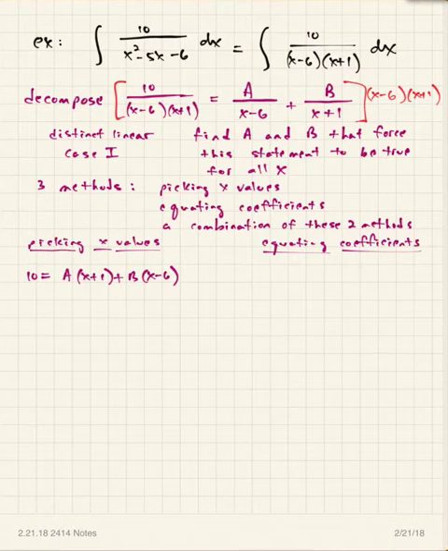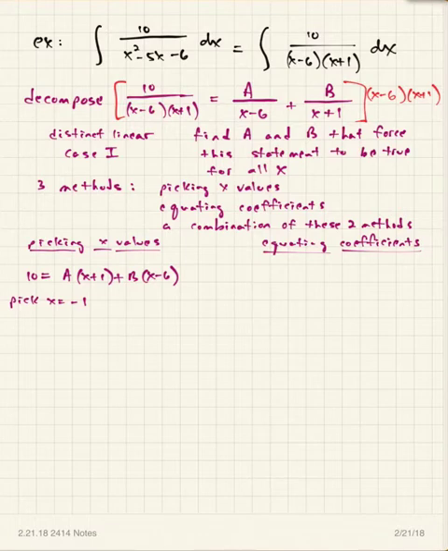And now what you do is you actually pick x values, because what you're trying to do is find an A and a B value that force this statement to be true for every x value. So what we do is we pick x to be equal to -1, first of all. And the reason why I'm picking -1 is because it makes x plus 1 equal 0.